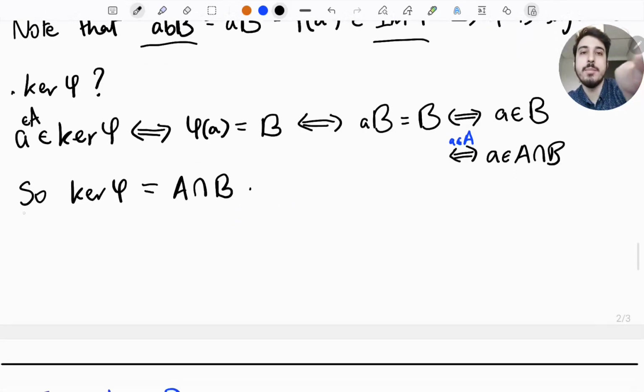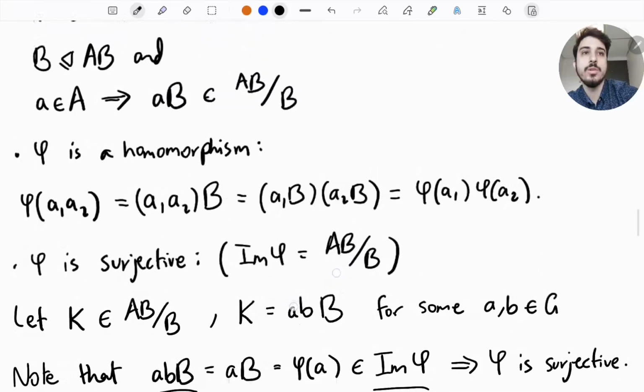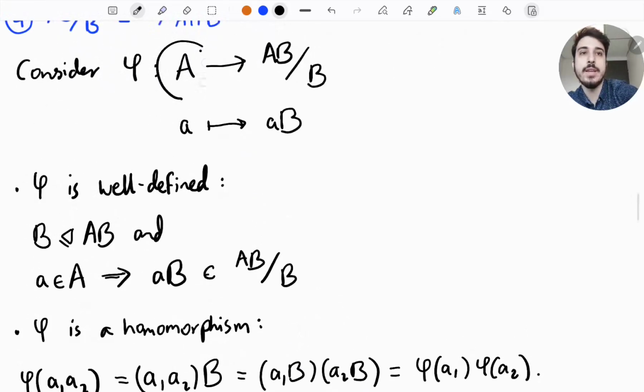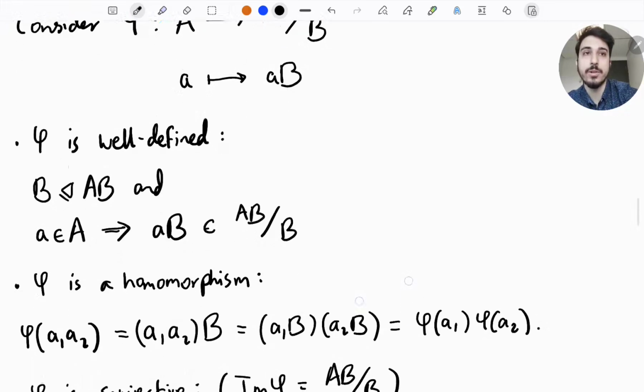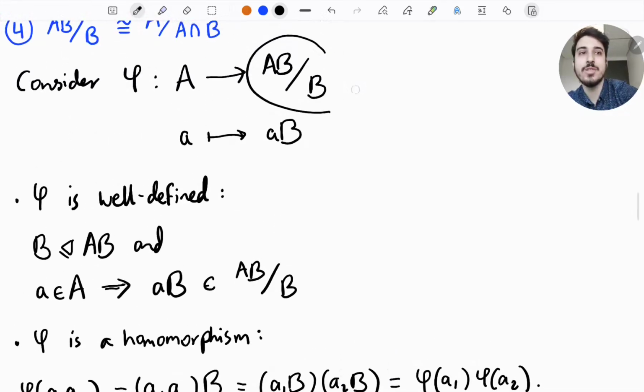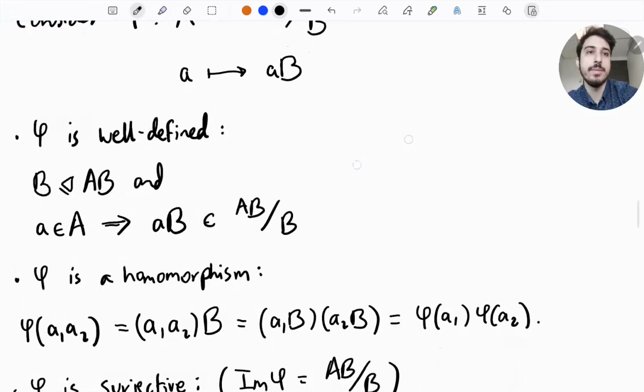So now, by the first isomorphism theorem, if we take our group A and we collapse it, we take the quotient group by the kernel of phi, we get that it is isomorphic to the image of phi.